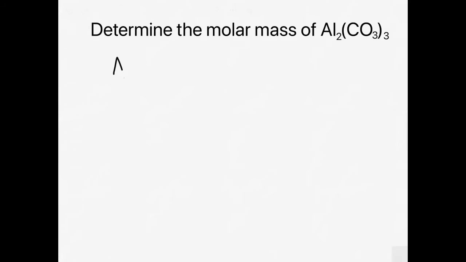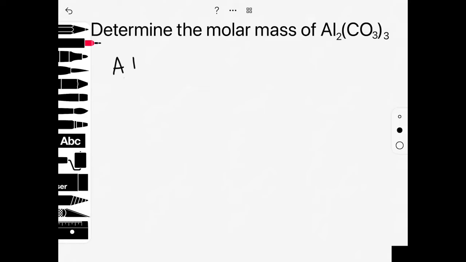You have aluminum. You have 2 atoms of aluminum. Now for carbon, you need to take into account here, guys, that you have parentheses, because you have a polyatomic ion, in this case the carbonate ion, and you have to multiply by the subscript that is outside of the parentheses.